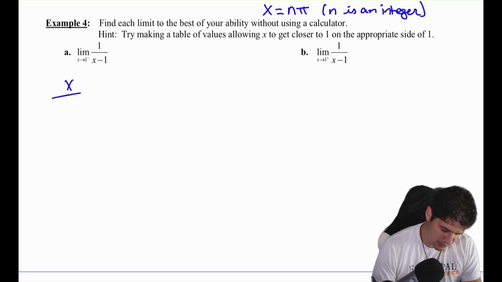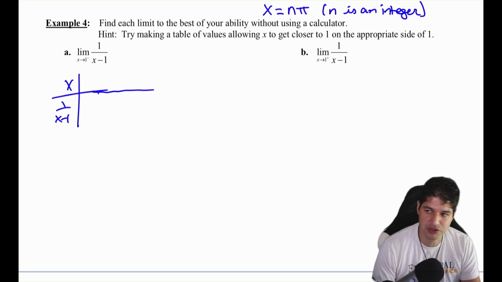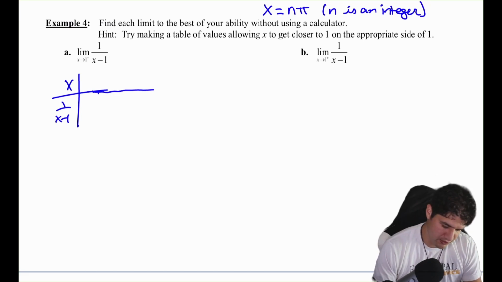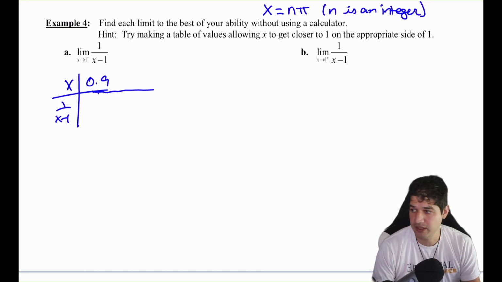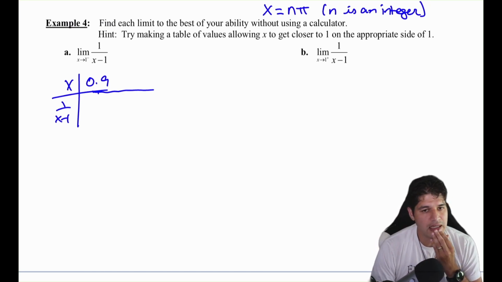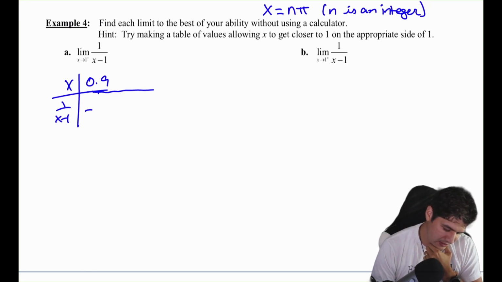So here is x, and here is 1 over x minus 1. We're going to get closer and closer to 1 from the left side. So that's pretty close to 1 from the left side, 0.9. If I plug that in, 1 over 0.9 minus 1, I'm going to get negative 10.